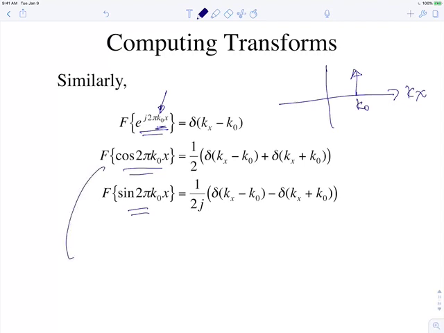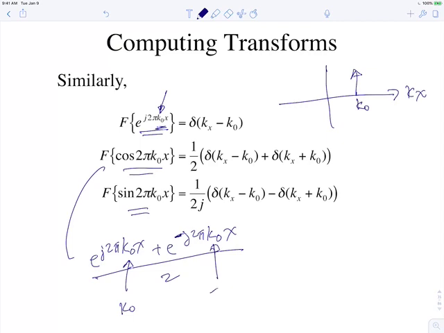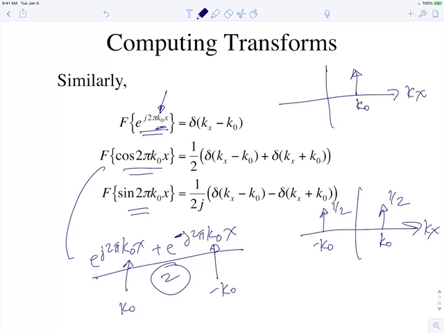Similarly, cosine is e to the j 2 pi k naught x plus e to the minus j 2 pi k naught x, over 2. So this is going to have something at k naught and something at minus k naught. Its Fourier transform is going to look like this: something at k naught, something at minus k naught, with 1/2 and 1/2, because of this 1/2 factor.